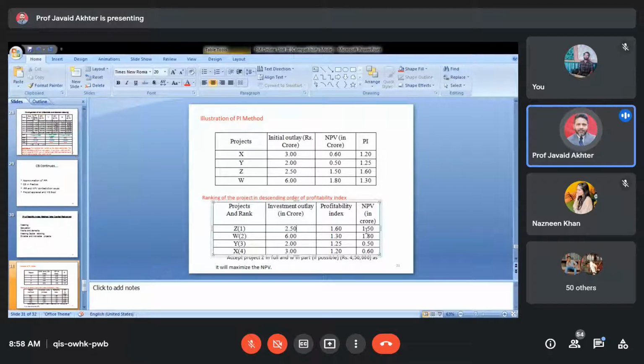Before I explain to you the concept of capital rationing, this is what still capital rationing has not come into picture. Before I explain, until this stage, if you have any question in the calculation part, you can ask about it. But if you are clear about the calculation, I'll move on to the next part.